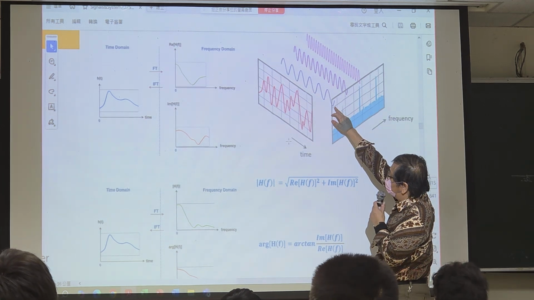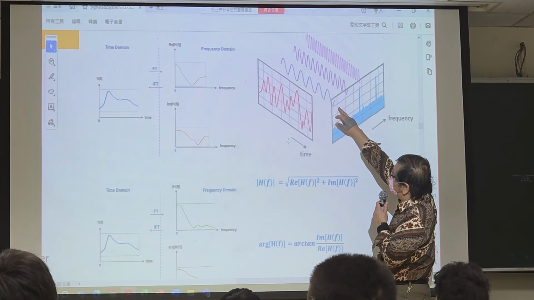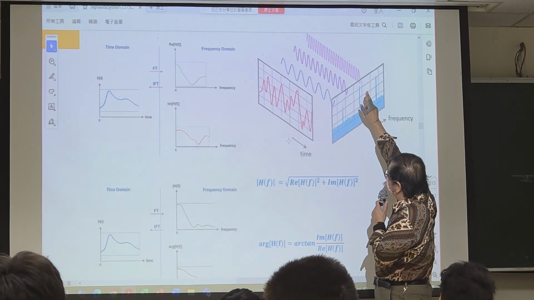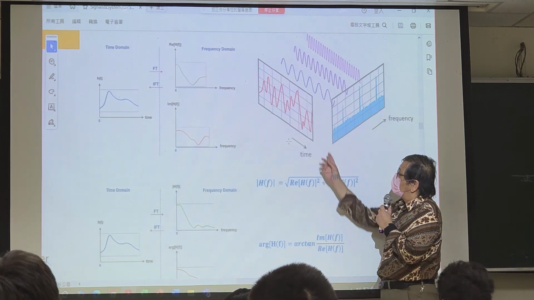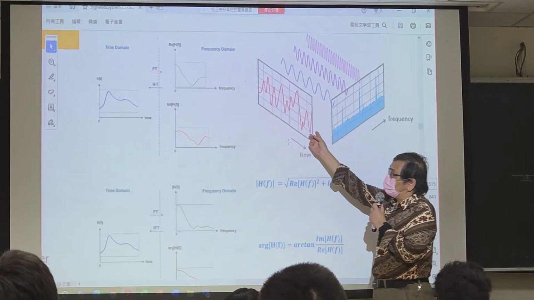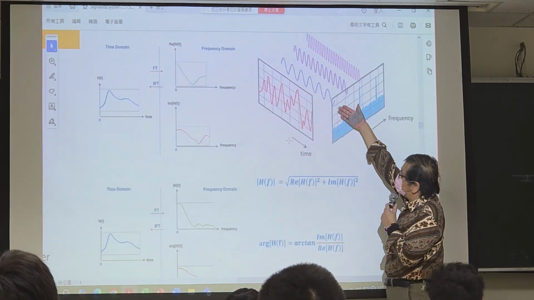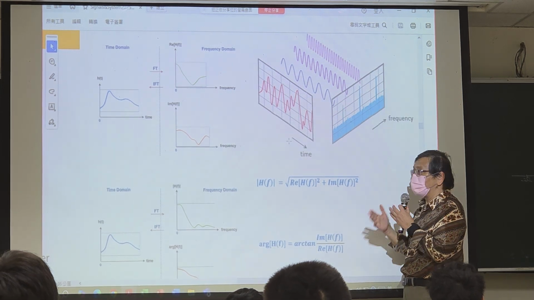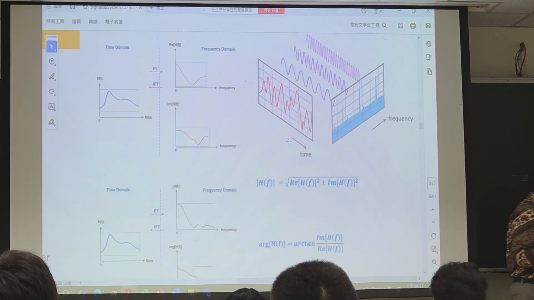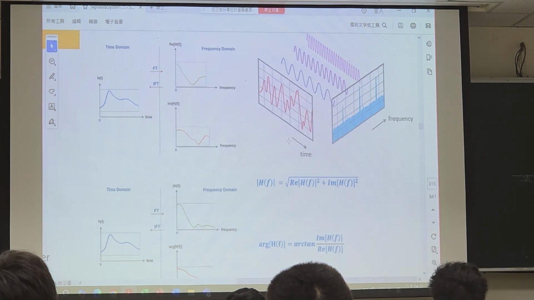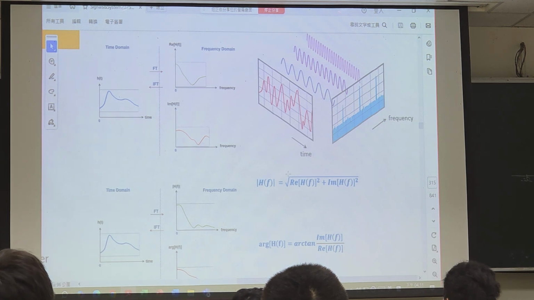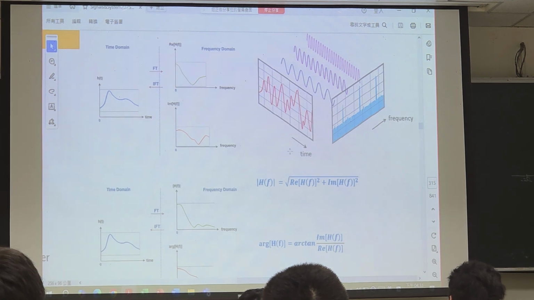So this is the first component, second component, third component, and so on. Now, if this is not a periodic function, then this distribution becomes continuous. The distribution over omega becomes a continuous function. That's a very good figure to illustrate the Fourier series expansion and also the Fourier transform.